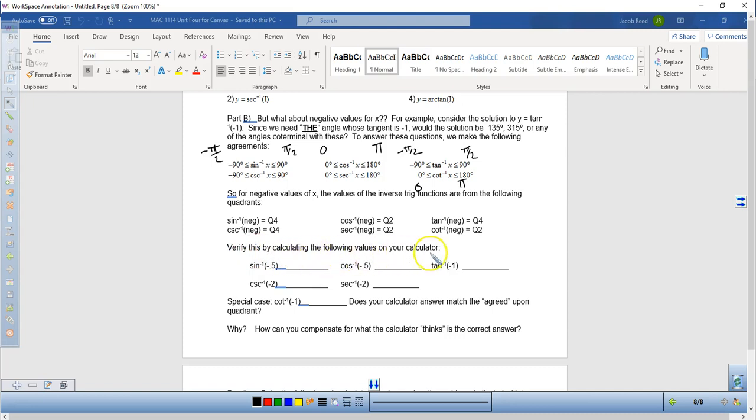Verify this by calculating the following on your calculator. I'm going to do these real quick. Your calculator is going to pop out the following values. Sine inverse of -0.5, and I'm going to change mine to degree mode.